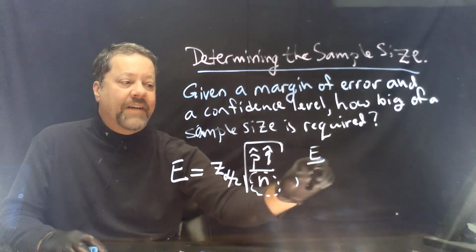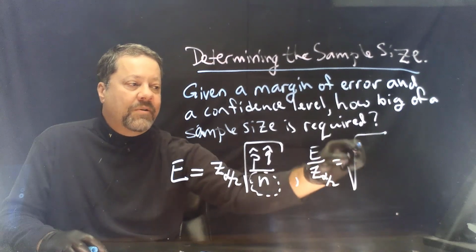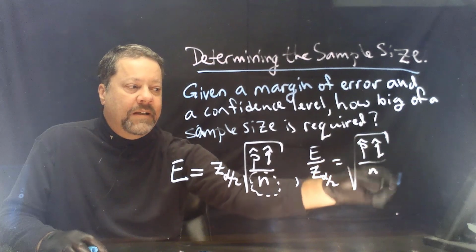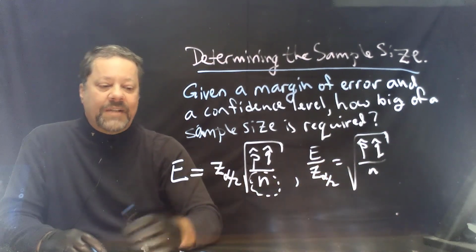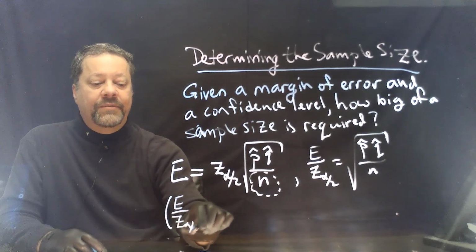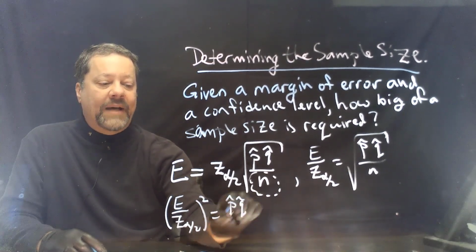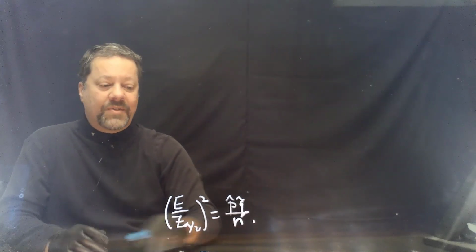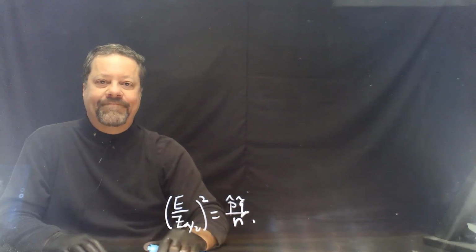We'll have e divided by the z alpha over 2 is the square root of p hat q hat over n. The next thing you need to do is get rid of the square root. So you'll square both sides. E over z alpha over 2 squared is your p hat q hat over n. I want to solve for n, but n is in the denominator on the right-hand side of this equation.